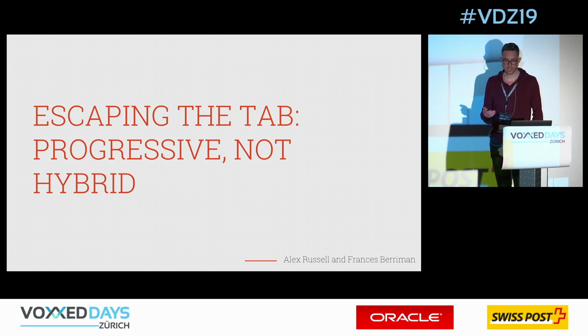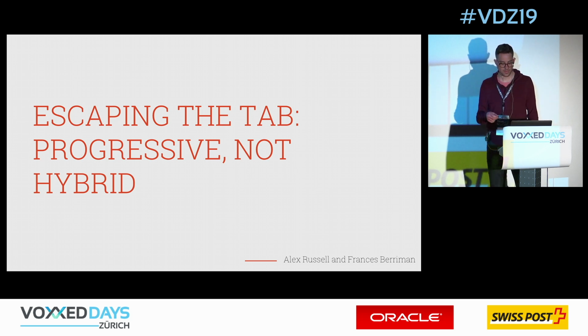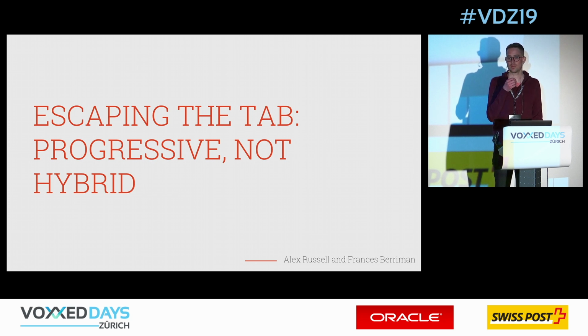So progressive web applications kind of came out of this paper. I think it was written about 8 years ago, maybe. Don't quote me on that. By these two guys that worked at Google, Alex and Francis Berriman, right? And they came up with this whole idea of web applications should become progressively better, right? So you're already consuming this content today.